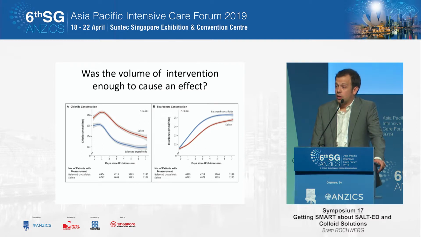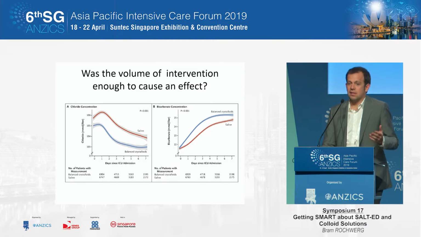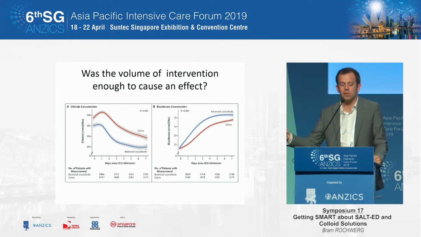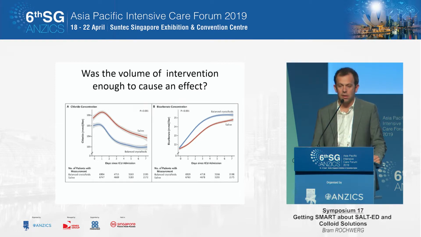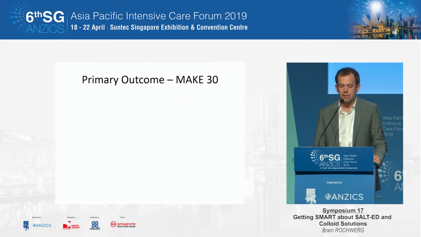Because they had such large numbers, despite the low volume, they did show a treatment effect, a statistically significant difference in chloride levels and bicarbonate levels in those that were randomized to each arm. But when you look at the absolute difference in chloride, from 105 to 106, again, not monumentally different.